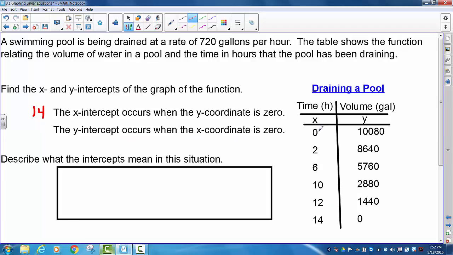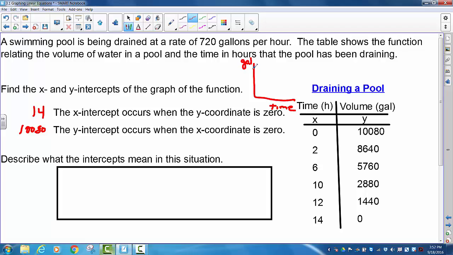The y-intercept occurs when the x-coordinate is 0. The x-coordinate is 0 right here, and the volume is 10,080. Now, what does that look like whenever you've got your graph? This is gallons, and this is time down here.